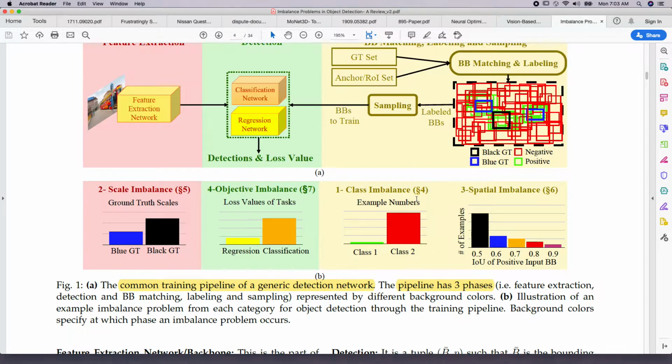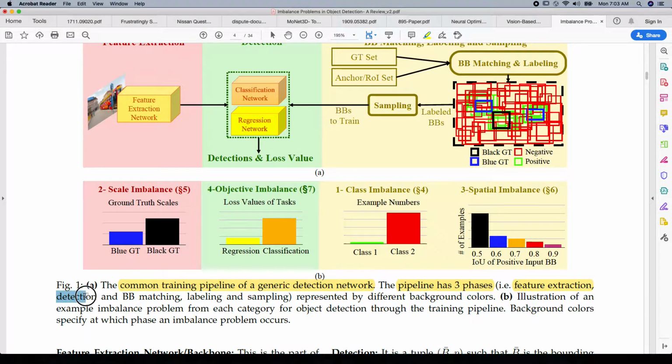So here is a common training pipeline of a generic detection network, and it involves 3 phases. Number 1, the feature extraction, which means you are doing feature map extraction, or what you also call activation map extraction.